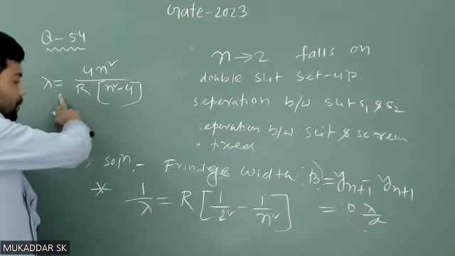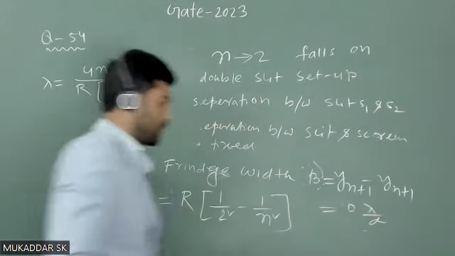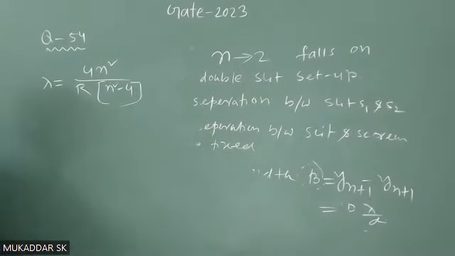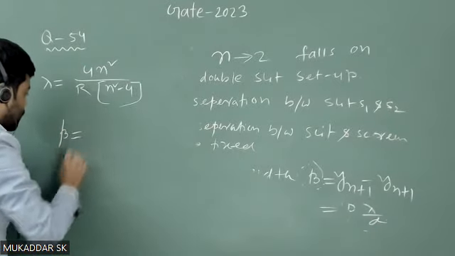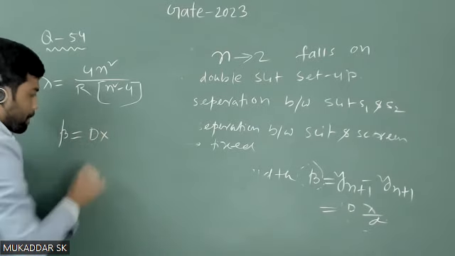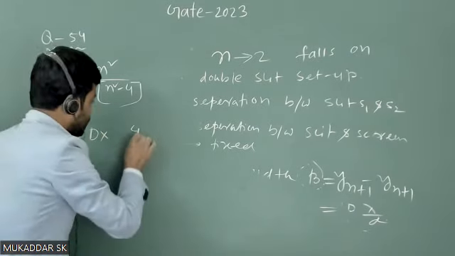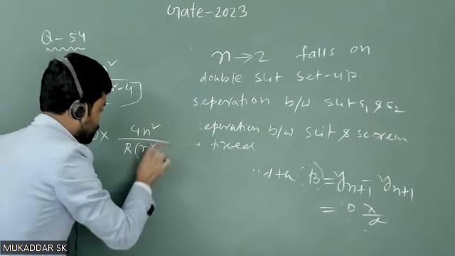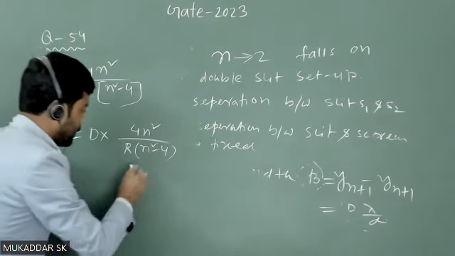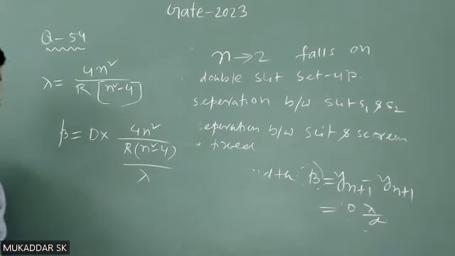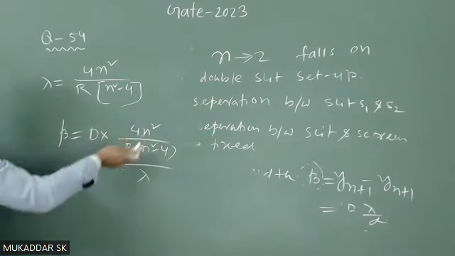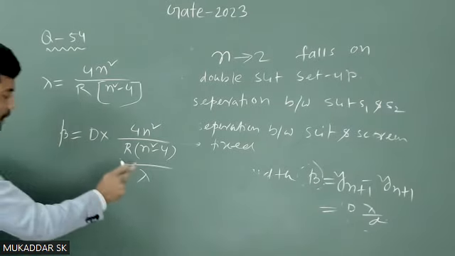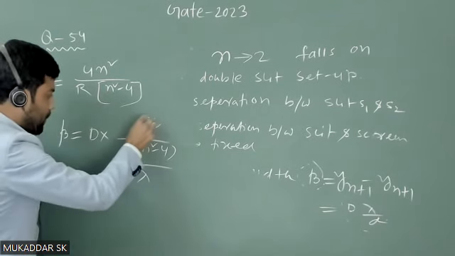Now, if I substitute this lambda in this expression, I get the fringe width beta as D into 4n square by R into n square minus 4, divided by d. So I can see that beta is now a function of the principal quantum number. To maintain this value constant, d should be multiplied by this factor.